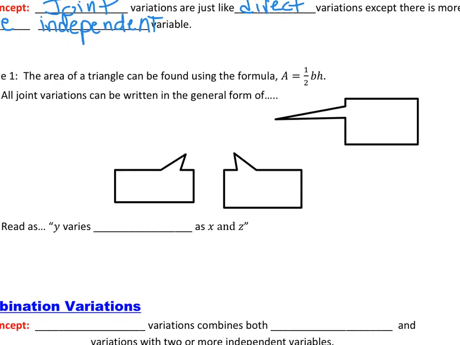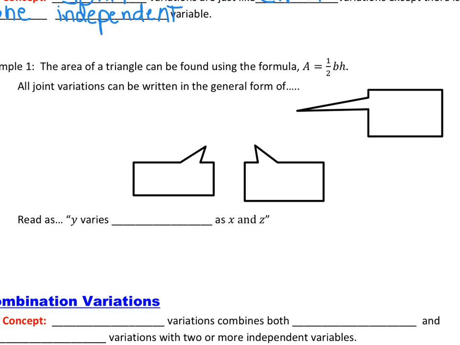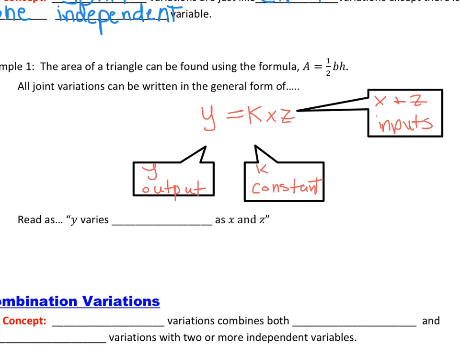If we wanted to generalize here, I could write a joint variation as y equals our constant of proportionality times 2 independent variables. So y is our output, k is our constant, and x and z in this case are inputs. So in English, this would directly translate as y varies directly with x and z.